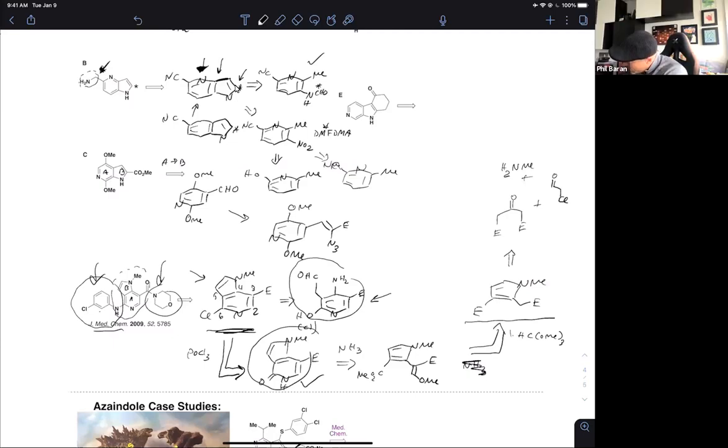Let's take it further. Let's say we're going to insist upon this route, and that would lead us down a road of something like this. That's the intermediate we need for Tim's Larock strategy, right?